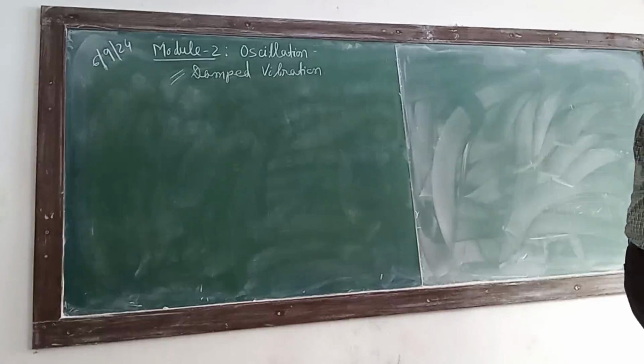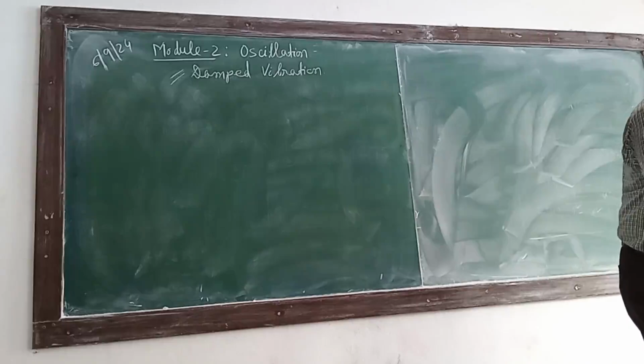Internal means the mass of the bulb, and external means air.